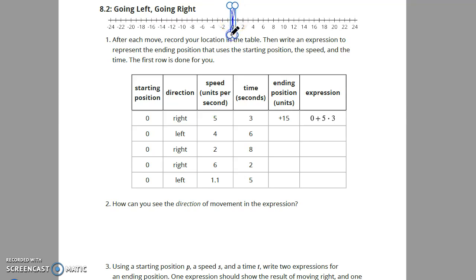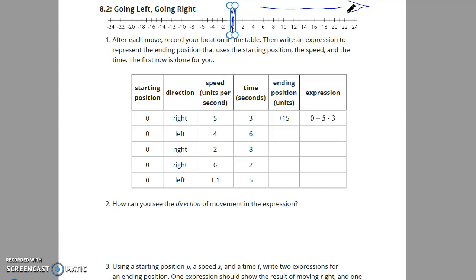Look at the 0. And the direction is right, going this way. Positive. The speed is 5 units per second. Time is 3 seconds. Ending position is plus 15. So see, 5 times 3 plus 0, you get 15.